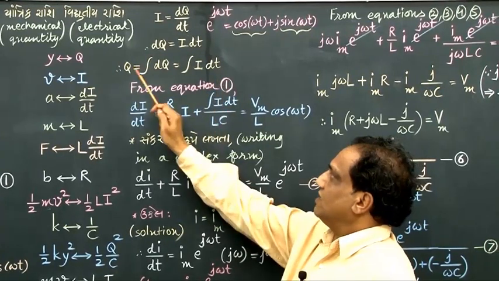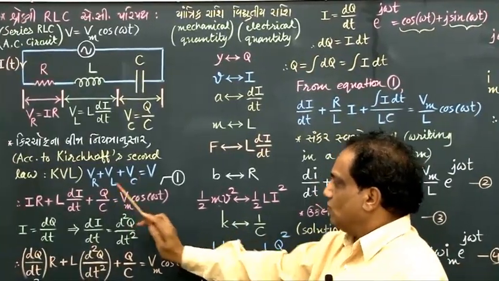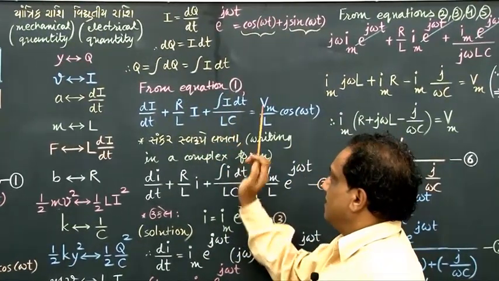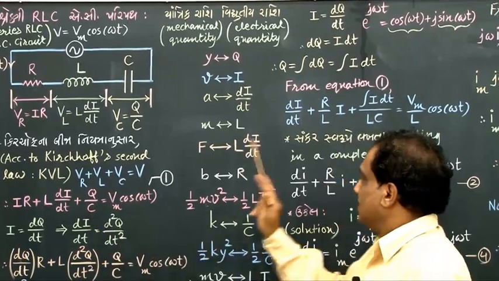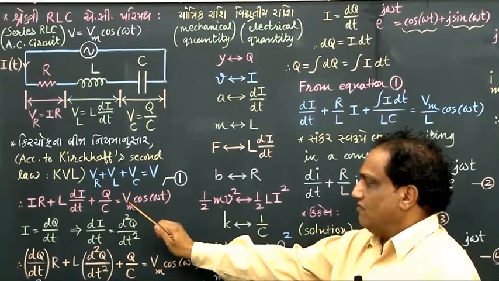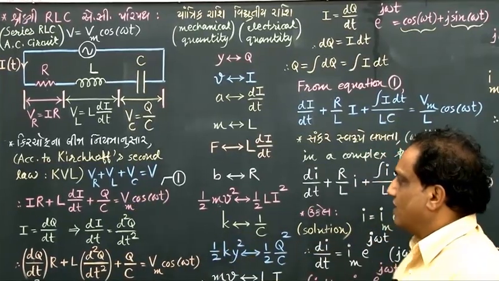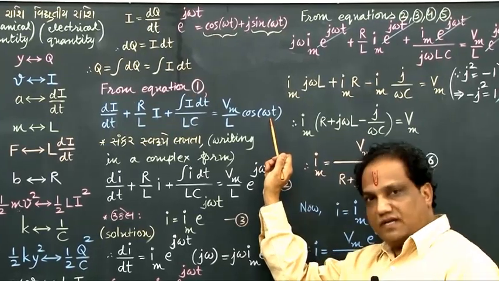Integration I dt. q equals integration I dt. And when I am dividing by L here, it will become L into C. And when you divide by L here, it will give you Vm upon L into cos of omega t. Correct? Fine.